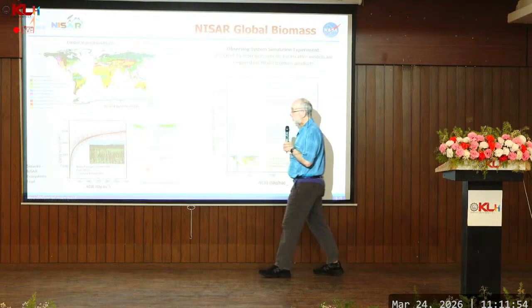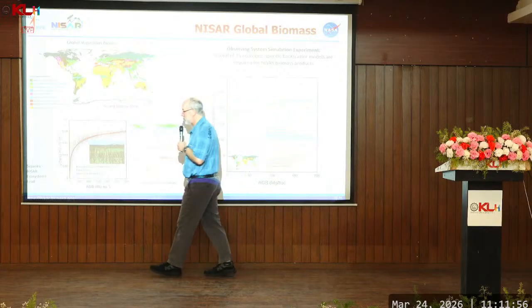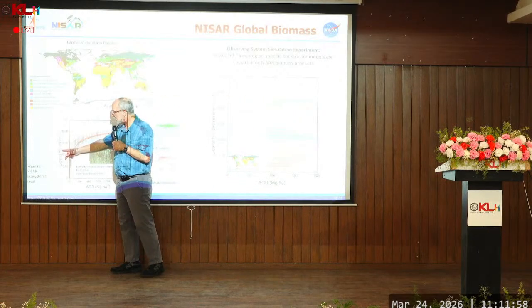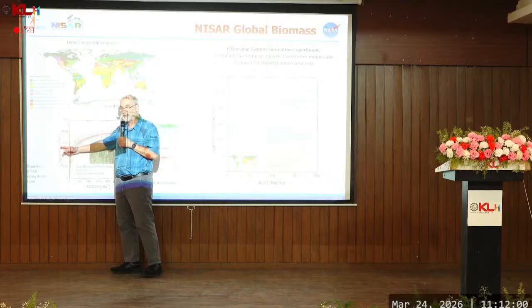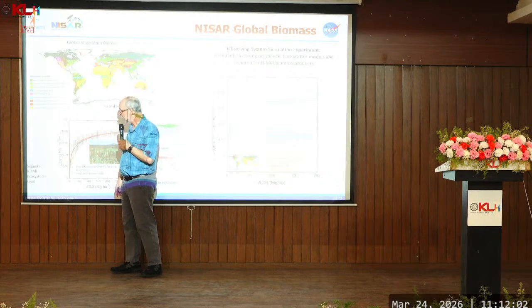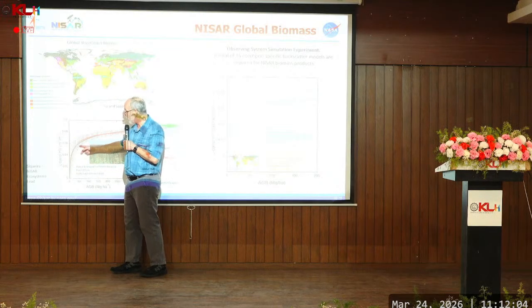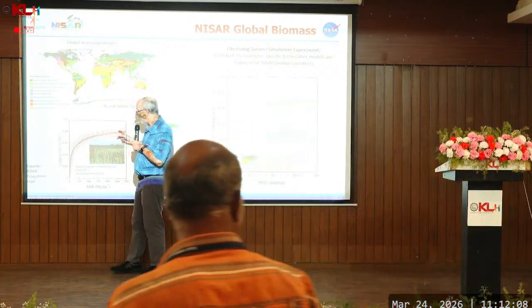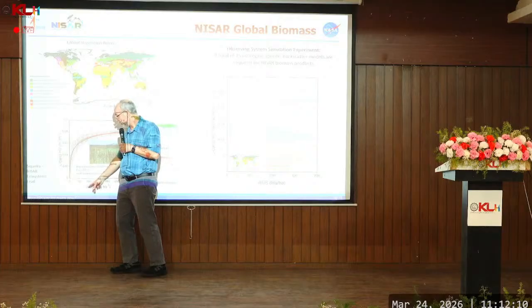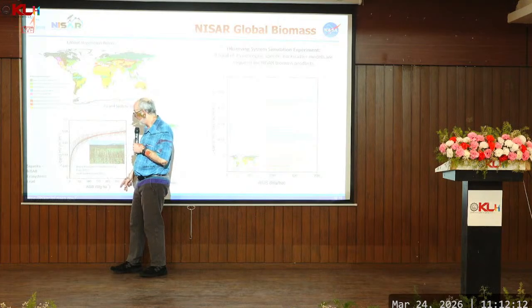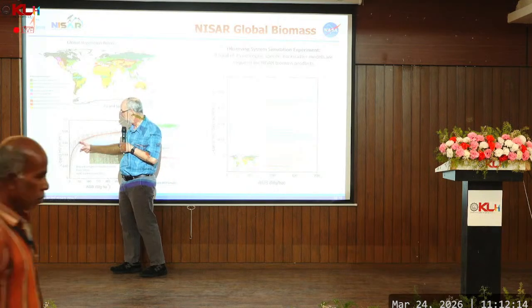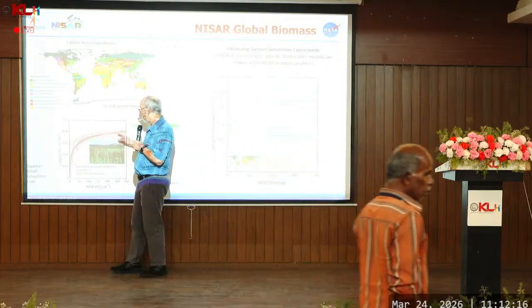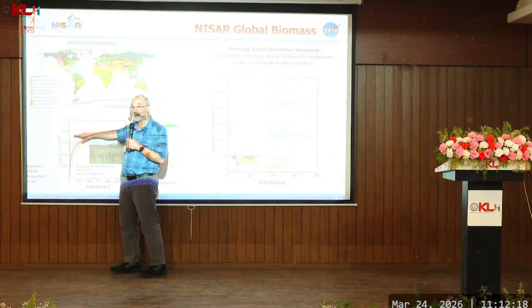The idea of an algorithm is generally very simple. They look at the cross-pole signature and to some extent the co-pole signature, and they note that when they compare the backscatter level here with the above-ground biomass amount, you have a pretty nice curve, granted the error bars are large.